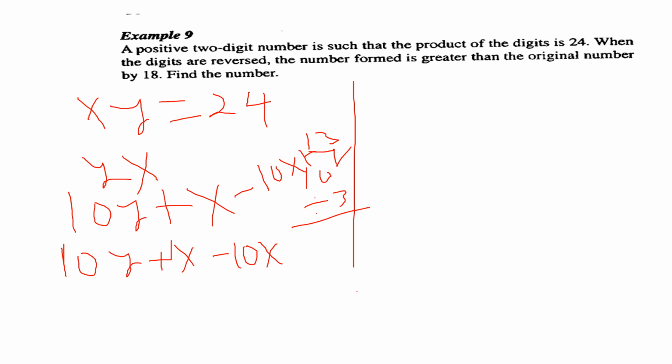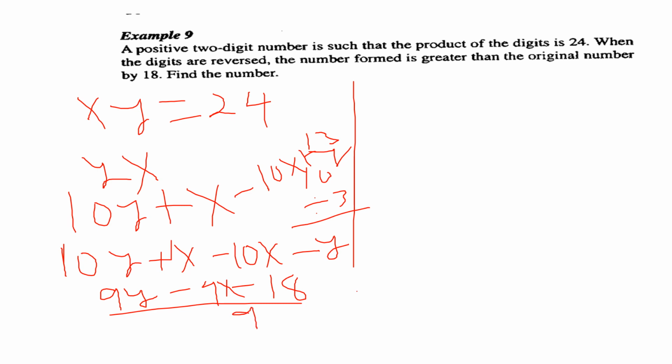And then the other one, we can have it being minus 10x plus y. So now we are told that when we reverse those two numbers, we are supposed to get 18.